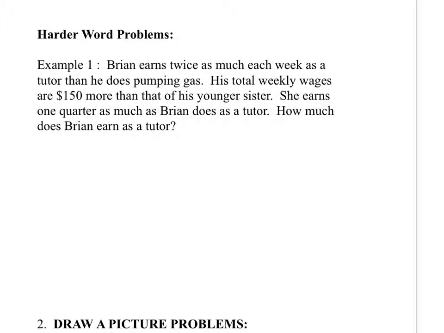All right, so sometimes with that thought that we use the smaller value, we have to be really careful, okay? Because in this case, we're really looking at Brian. So we want to pick Brian's lowest value, okay? Now the question asks me about his tutoring, but I realized that he makes more tutoring than he does pumping gas, so I decided to go with Brian on his smallest value.